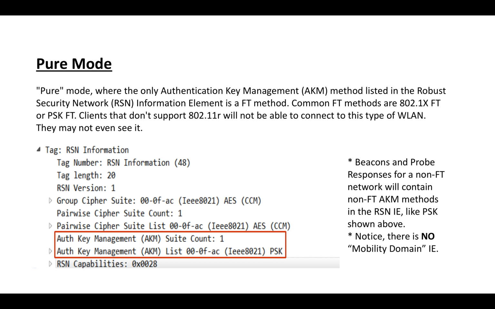This is for the clients who are non-FT. So if I'm looking at the beacons or the probe response for a non-FT network, we will see this. We will see it only supports PSK or 802.1x, and it does not have anything to do with FT anymore. And in the beacon or the probe response, we are not going to see any mobility domain IE. So that's kind of a giveaway that this is a non-FT network. So that's your pure mode.